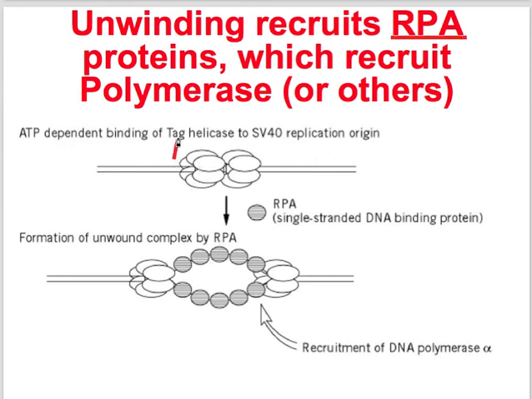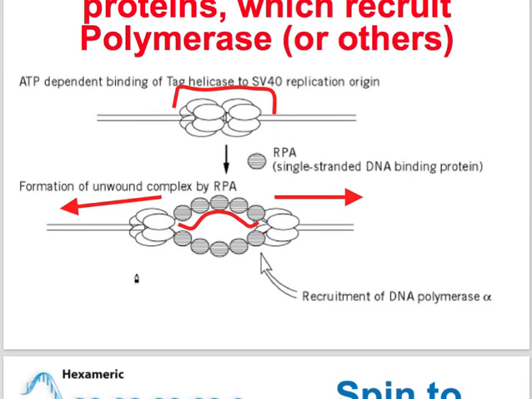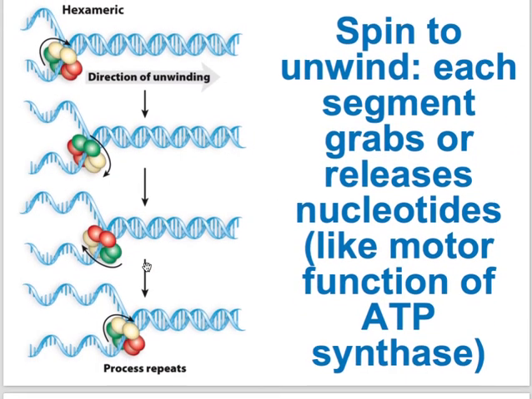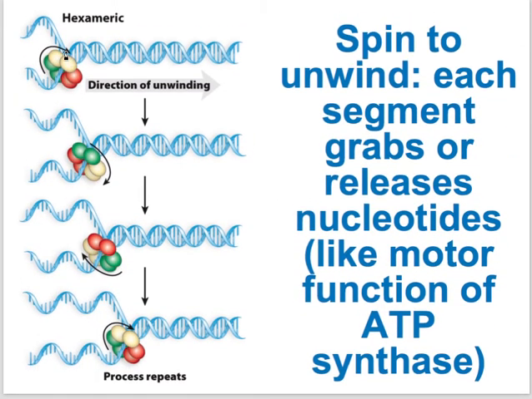When you first start unwinding, 2 helicases bind up and start going this way, and all the unbound DNA has to get bound by these RPAs, because you don't want to expose nucleic acid, since that's super dangerous. So these both spin this way, and this slide does a really good job showing that helicase is an enzyme. It's just super goofy the way it works.